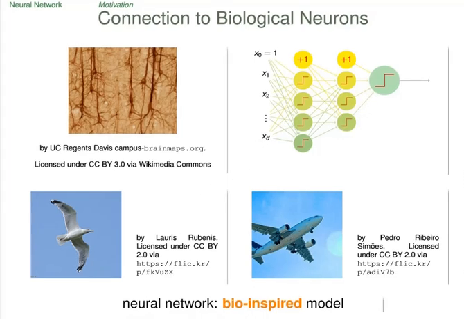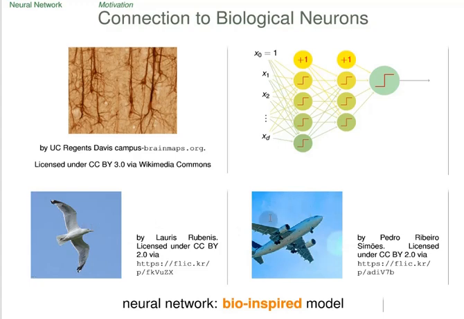Just like airplanes were inspired by birds' flapping wings, the engineers were able to build a flying machine which has a very similar structure to a bird. For instance, the airplane has wings, the bird has wings, the tail, and also the head.